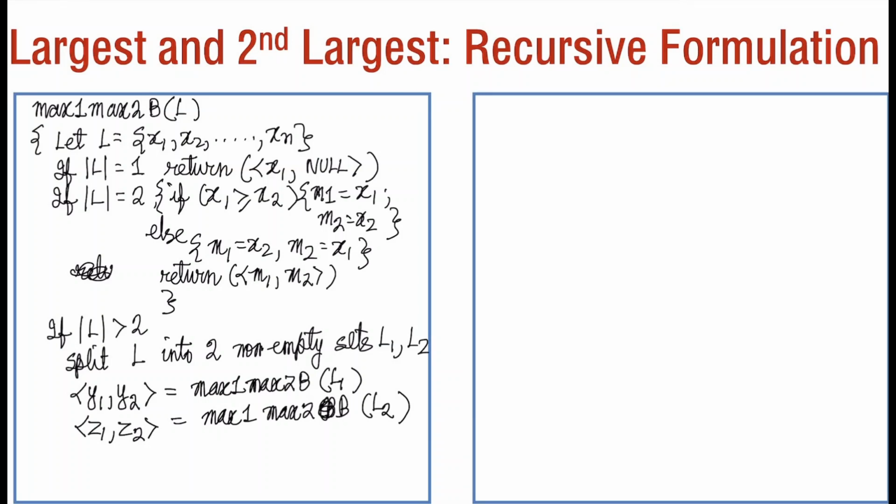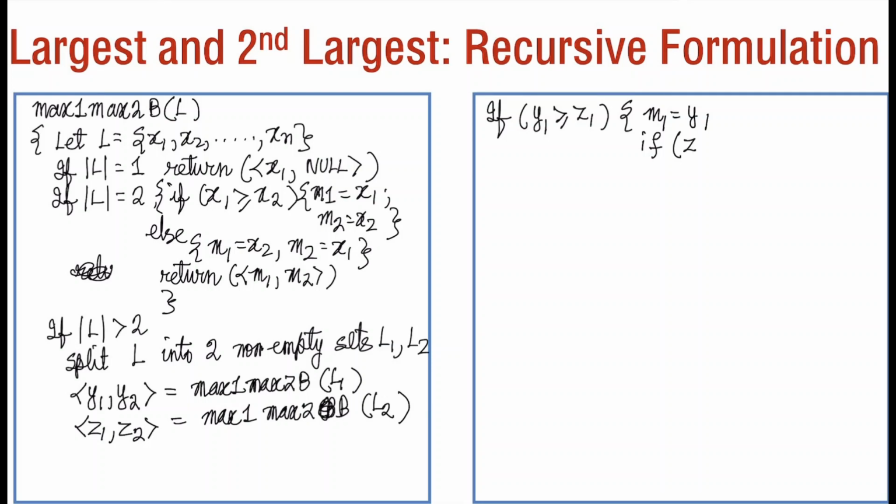And in order to do that, we now compare if y1 is greater than or equal to z1, then we have m1 equal to y1, and if m1 is y1, then we now compare z1 with y2.